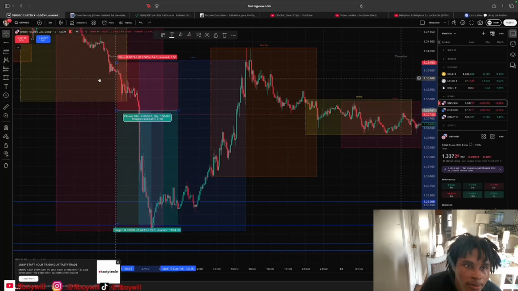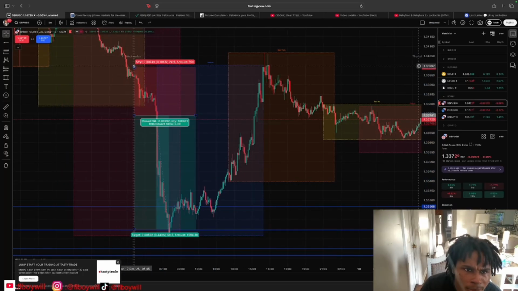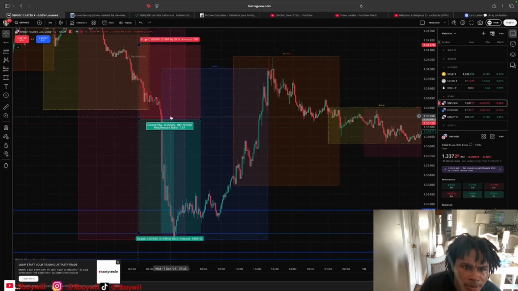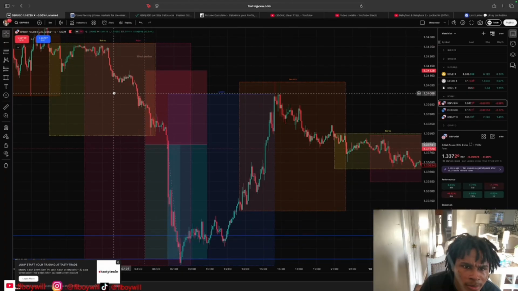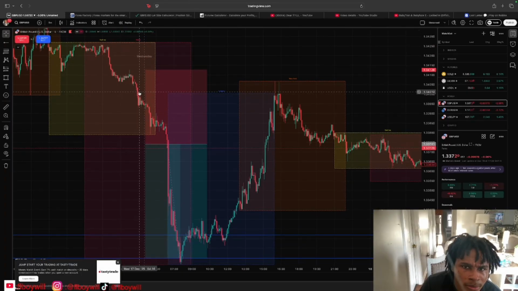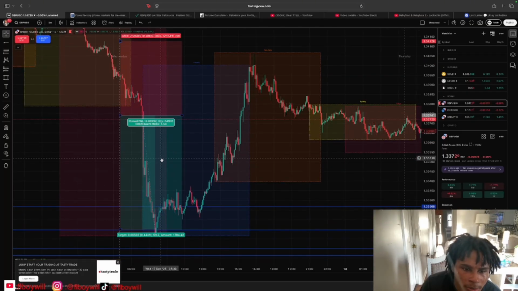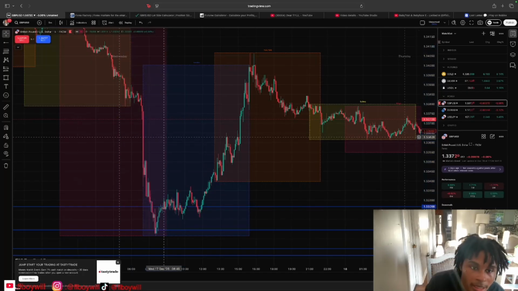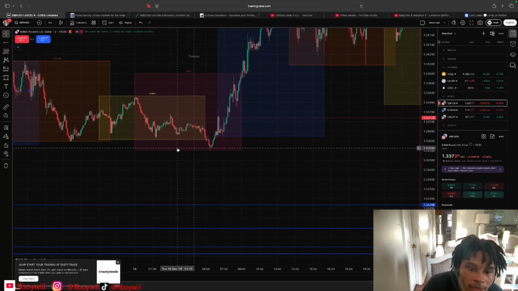That would have been a beautiful stop loss above right here. I would have put my stop loss right here. Boom. I don't even know how much profit, but that's some good profit right there.